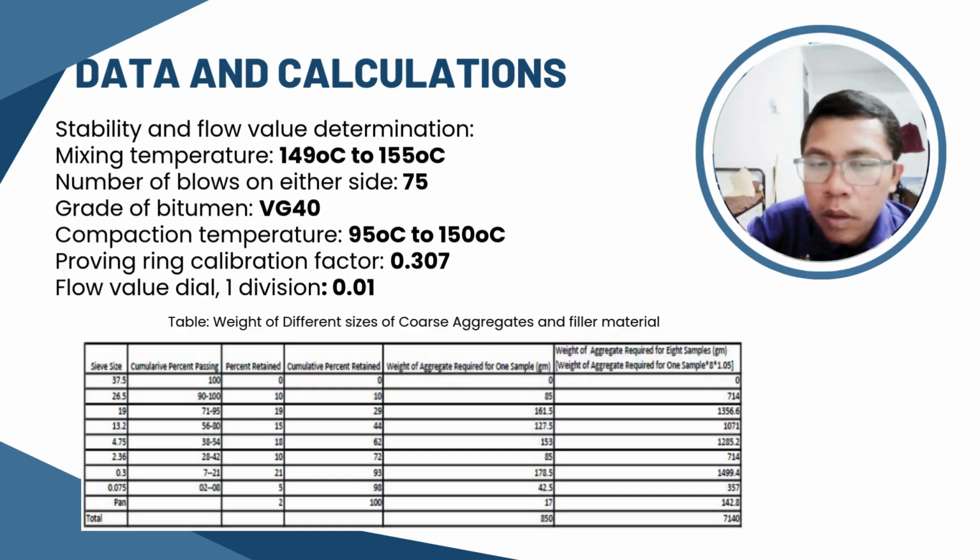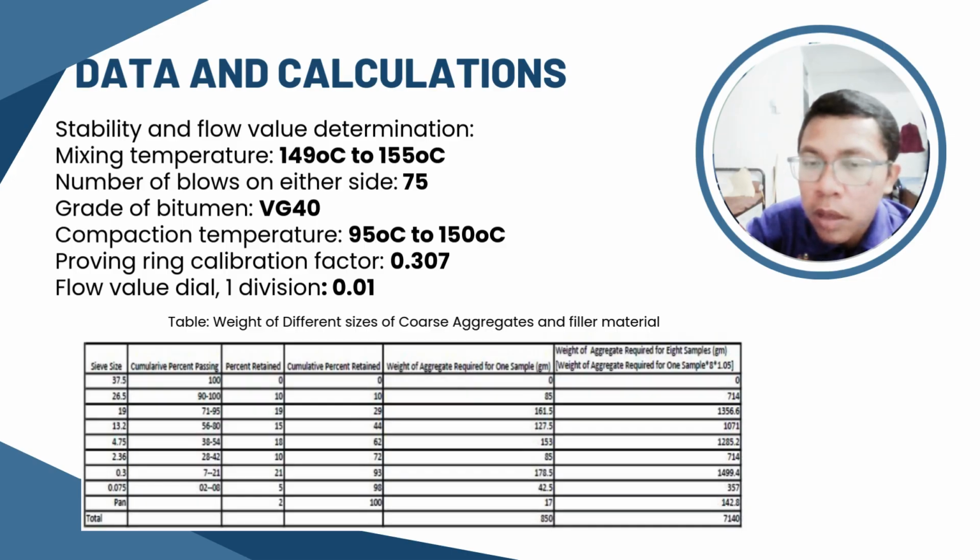Okay, now we look at the table. The image displays a table titled weight of different sizes of coarse aggregate and filler material, which presents data related to the composition of an aggregate mixture used in a material testing process, possibly for asphalt or concrete.